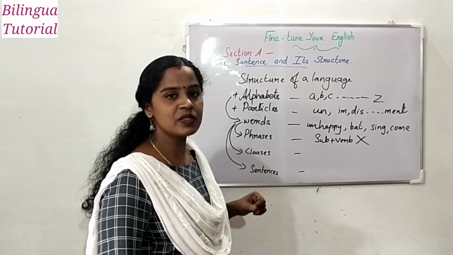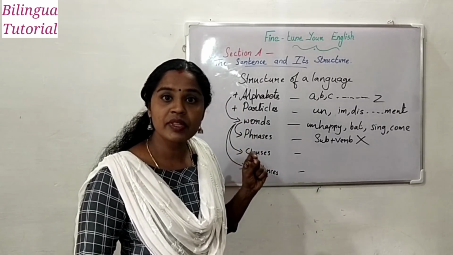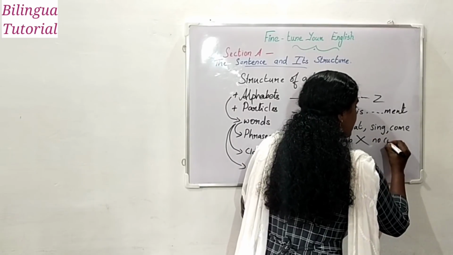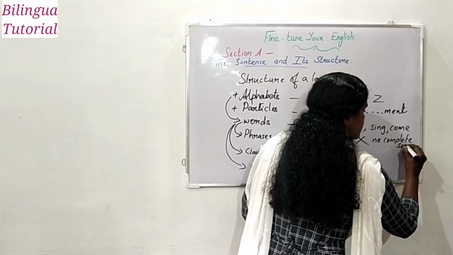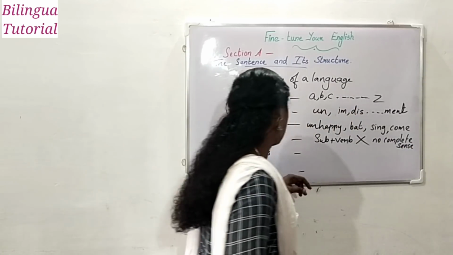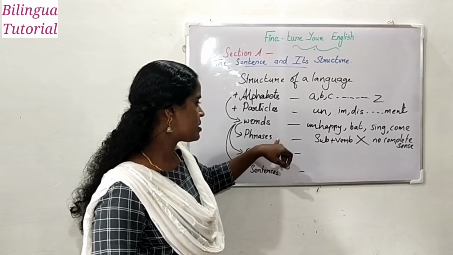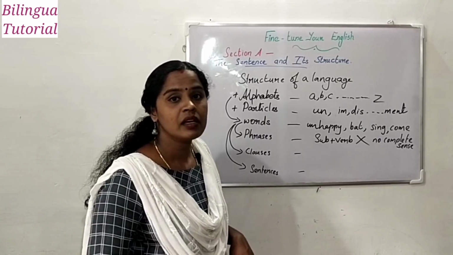And these phrases will be without any complete sense. Then what may be this clause? We can add some words to the phrases and we can make it as clause.